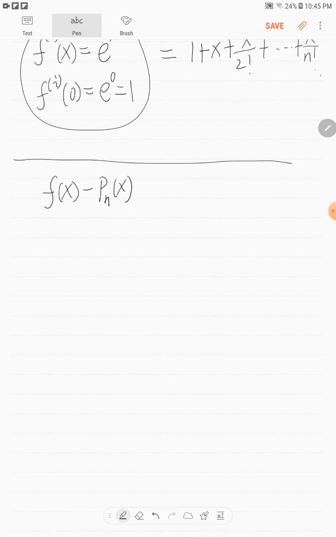But we give a definition for this difference, which is denoted by r sub n. This is called the remainder, the nth remainder.